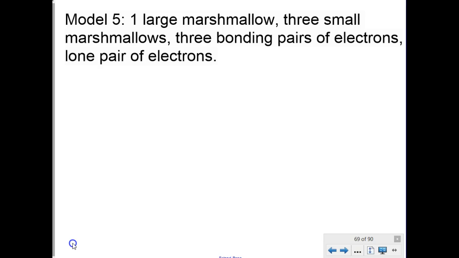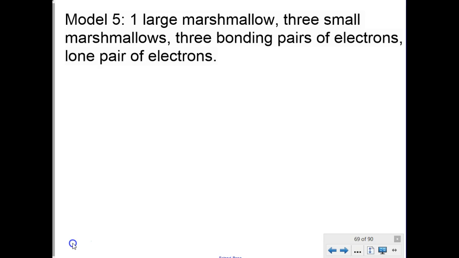Okay, same model, but if you take off one marshmallow, so for this, do you have to put 2 marshmallows on?